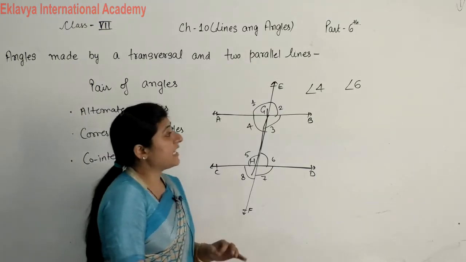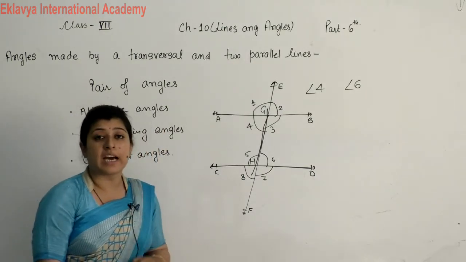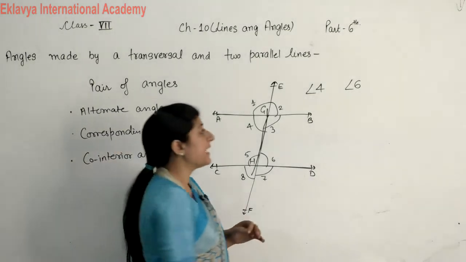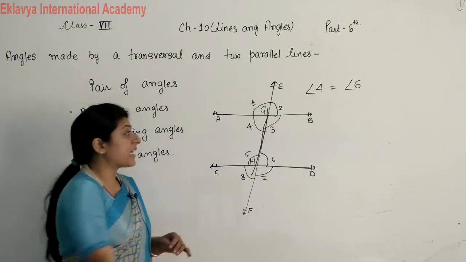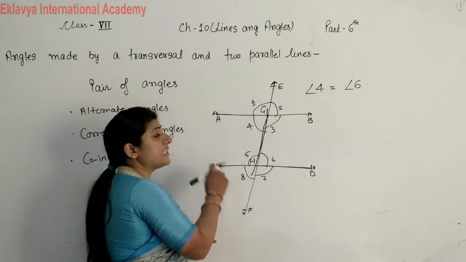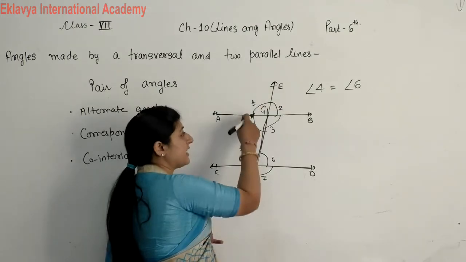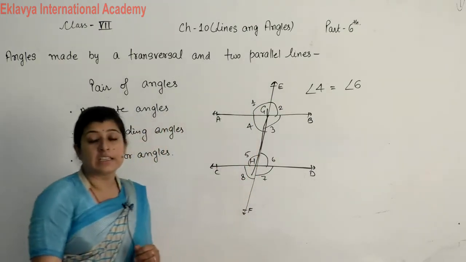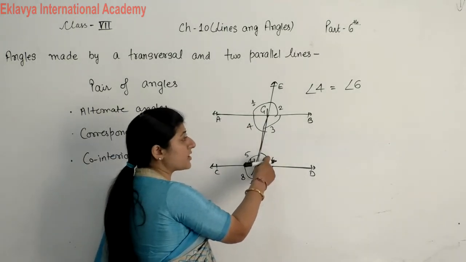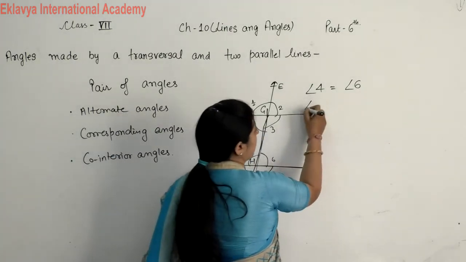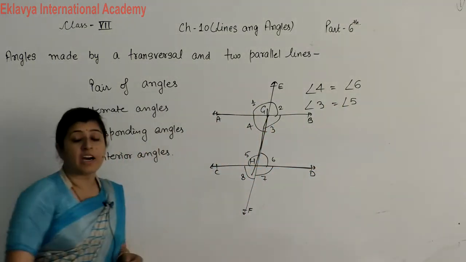We can say if a transversal intersects two parallel lines, then each pair of alternate interior angles is equal. If these two lines AB and CD are parallel and one transversal intersects them, then for the pairs of alternate interior angles, 4 is equal to 6, and angle 3 is equal to angle 5.